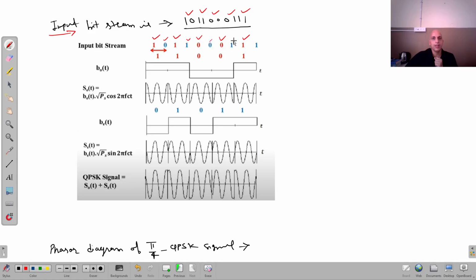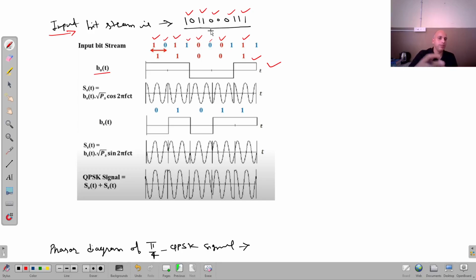So first of all, this is the odd bit stream. The odd bit stream was 1 1, then 0 0, and then 1, right? So this is the NRZ format of this odd bit stream.